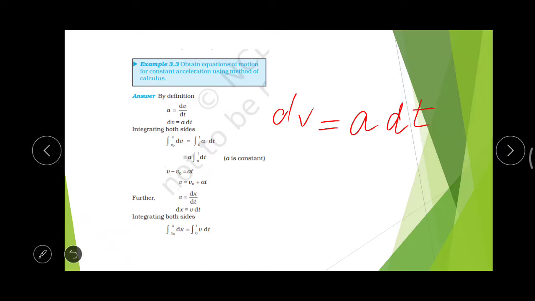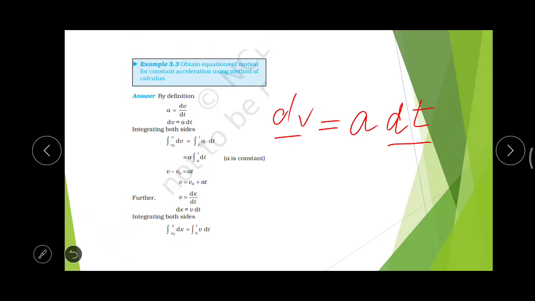So here the fractional values are dv and dt: a very small value of the entire velocity, that is dv, and a small time representing the entire time, that is dt. If you integrate dv, you will get v, the entire velocity, and if you integrate dt, you obtain the entire time.